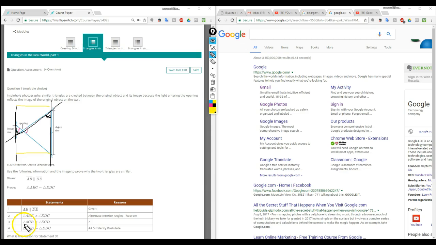Now they're talking about angle ACB, the angle we talked about knowing in the beginning, which is congruent to angle ECD, so E to C to D. The vertex is at C. What is the reason for that?